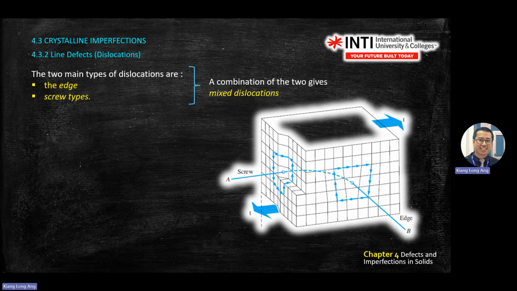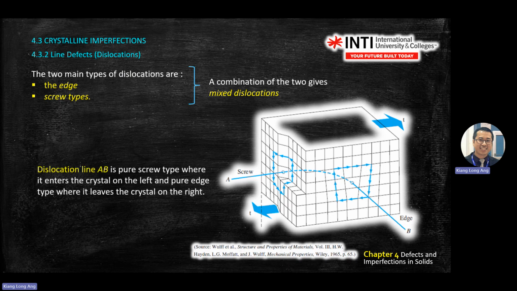So the edge from B to A, coming out from here, can also form a screw. It means one side got edge, one side got screw. On the object itself, on the crystal itself, you got two dislocations. It's a mix. Okay.